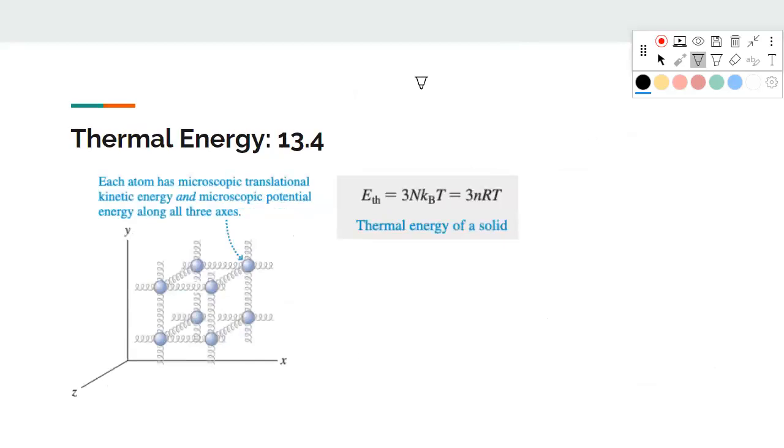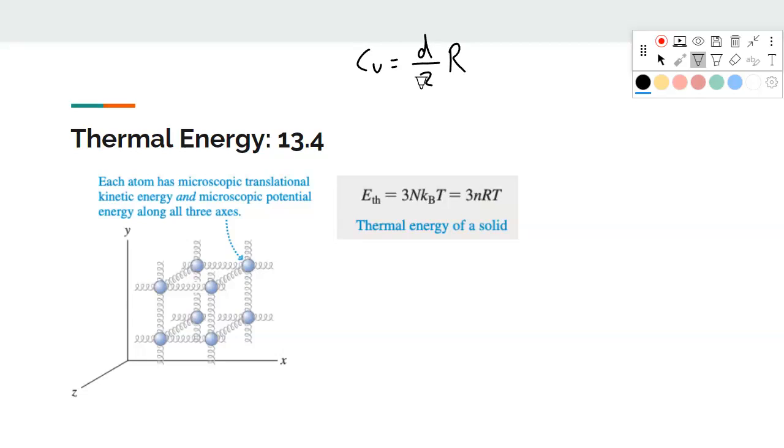Okay, so we already talked about how to find the constant volume heat capacity of some material: we can just take the number of degrees of freedom over 2 times the ideal gas constant. And so what we could ask ourselves is, what would happen if we apply this to a solid object?